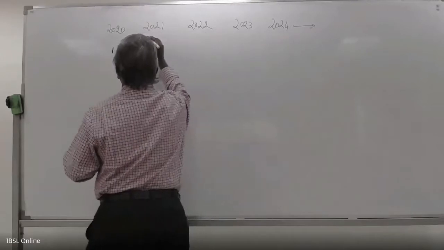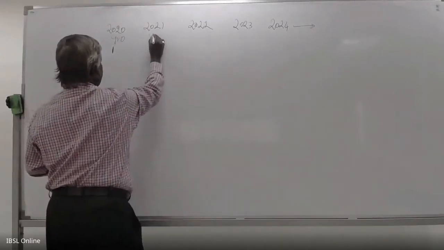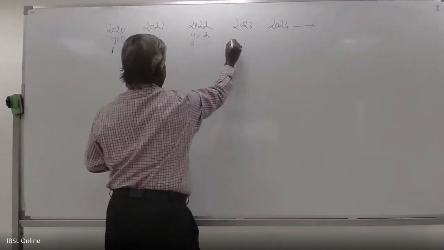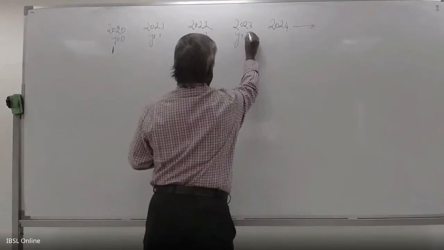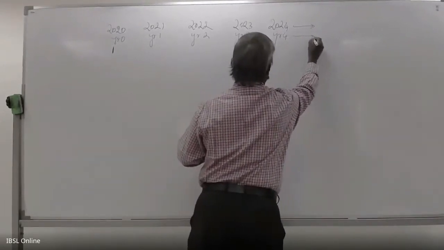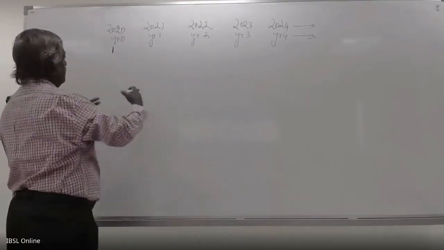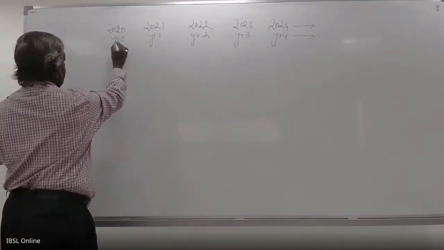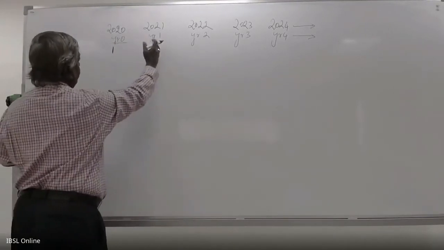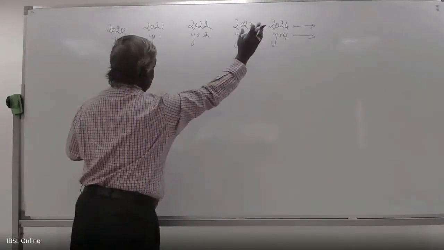We call today year 0. Twelve months after that is year 1, after another 12 months year 2, and this goes on like that.